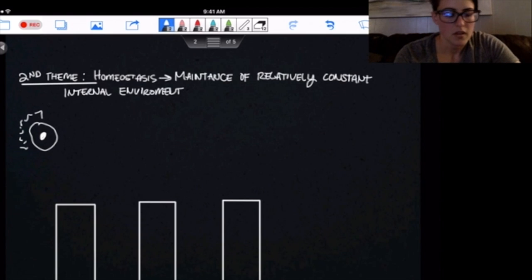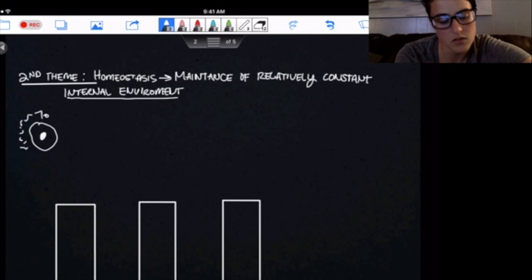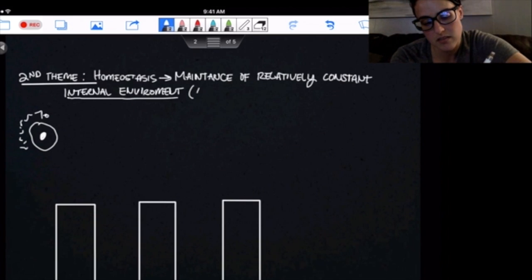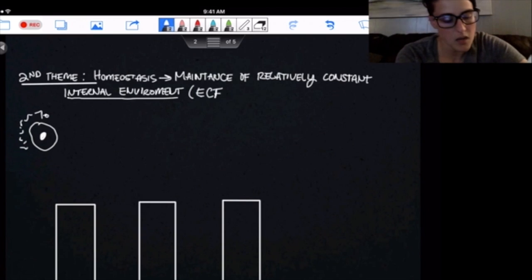But it's also within the organism itself, is it not? That's still the internal environment, so don't get that confused. We call this space the extracellular fluid. It's not within the cell, but it's outside the cell. That's the extracellular fluid.